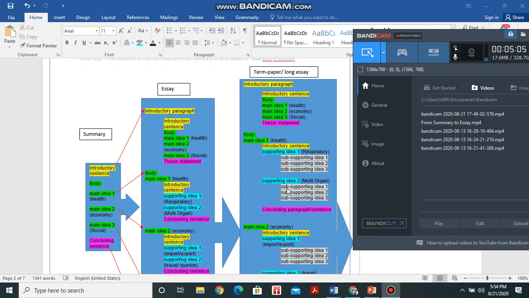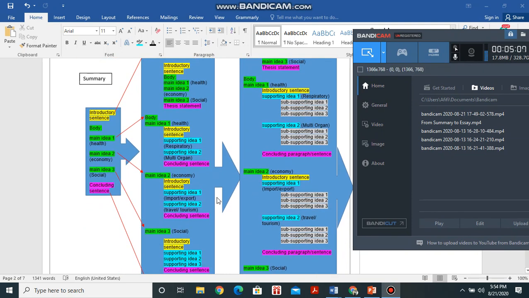Okay, the same goes for main idea number 2, that is on economy. You have supporting idea number 2, how COVID-19 affects import export as well as travel tourism. So this is just an essay, so you write the whole thing in one paragraph.